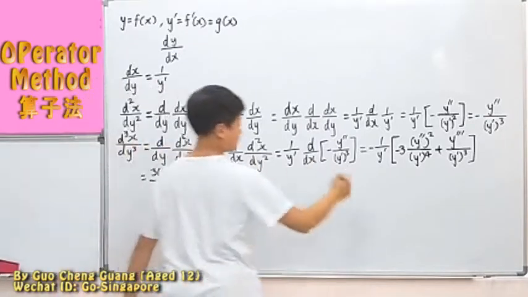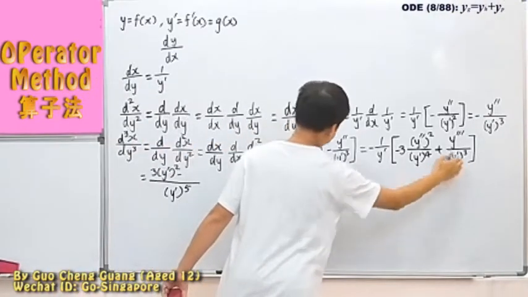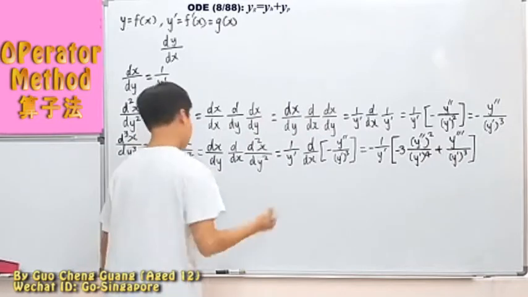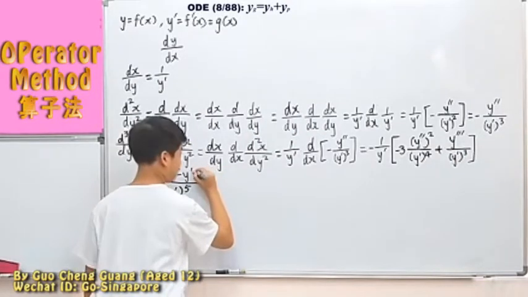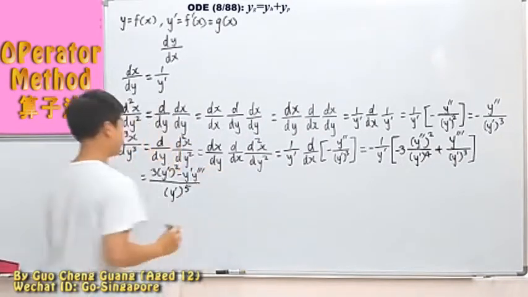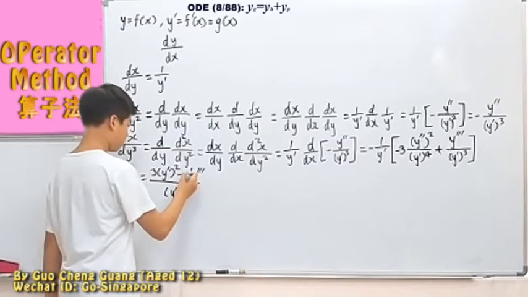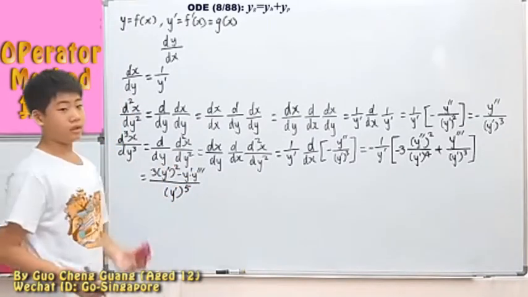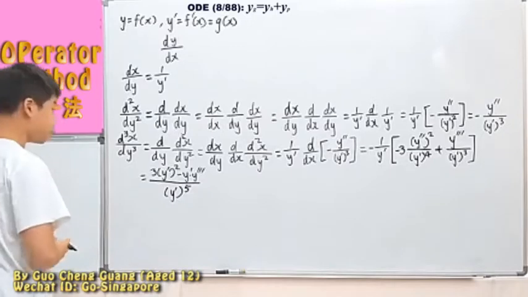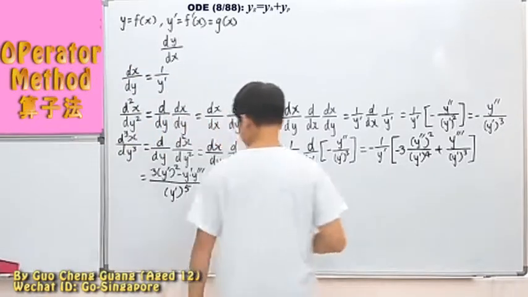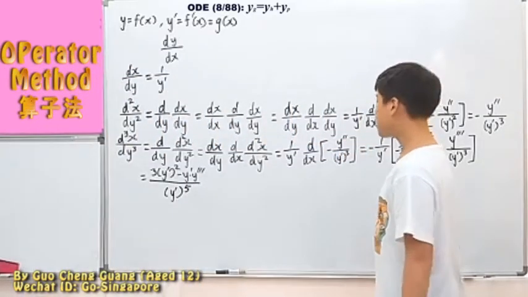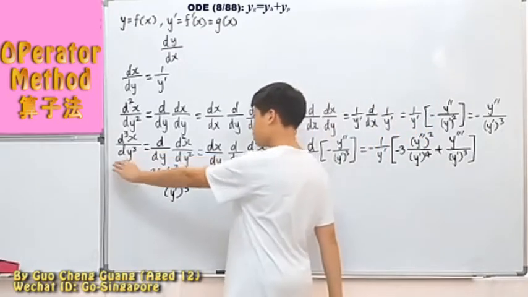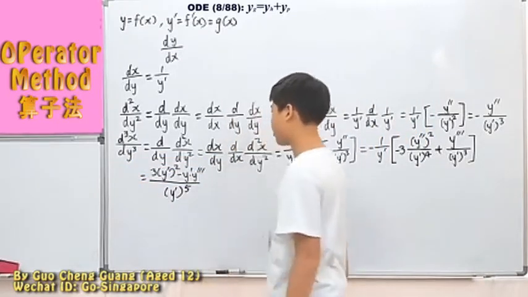Since you missed out on one of the y prime, you times y prime there. So you get something like this. You can write that dot to represent times together, or you can choose not to write that dot. So in this third derivative, this is what we have.